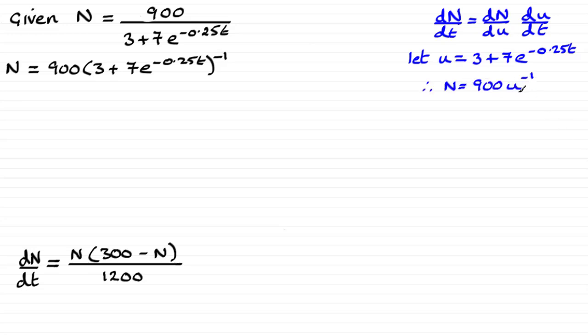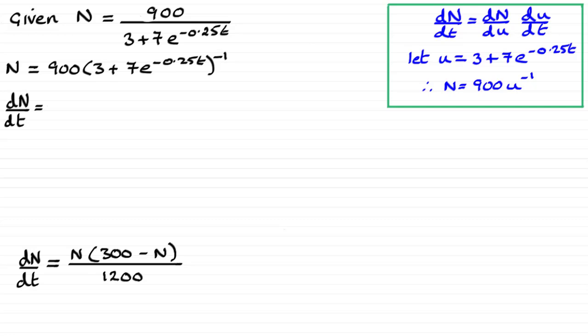Okay, let's just box that off. And if we use the chain rule then, dn by dt is going to equal dn by du first of all. If I differentiate n with respect to u, this is going to be minus 900 u to the power -2. And I can write that in then as minus 900, replace the u with what we have here, and it's to the power -2.